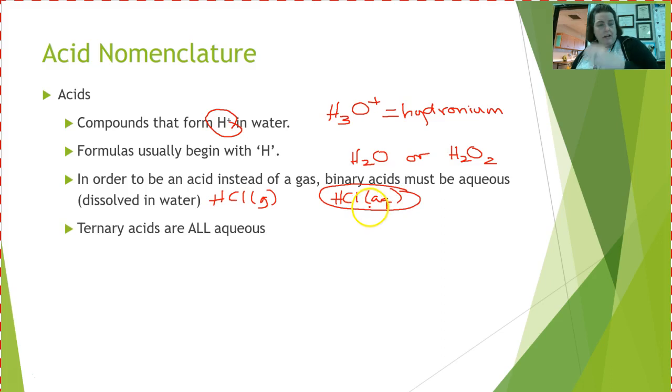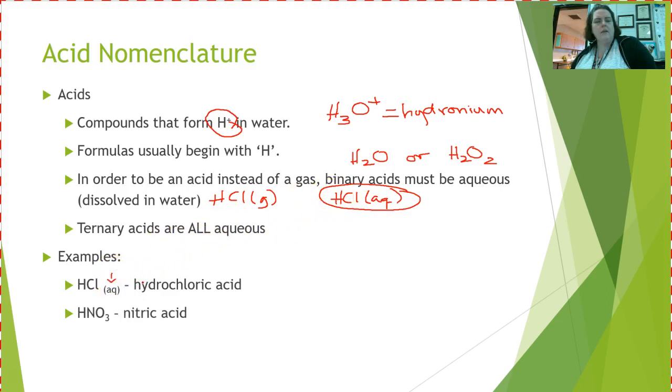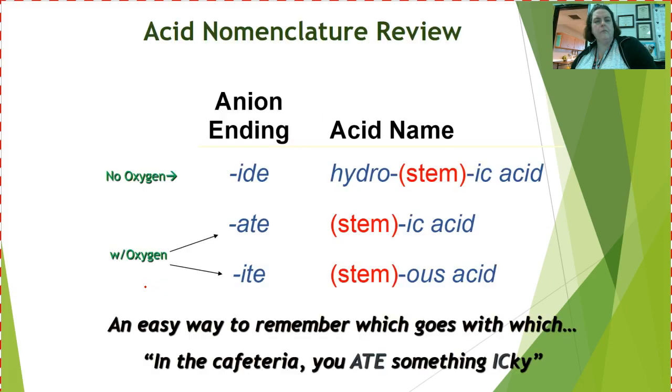Ternary acids are all aqueous, so any time we see a ternary acid, it will also have an aqueous, it will be in solution. Examples: HCl, hydrochloric acid. Notice the aqueous right here, and not gas. Nitric acid, HNO3. Sulfuric acid, H2SO4. So acid nomenclature is pretty simple.